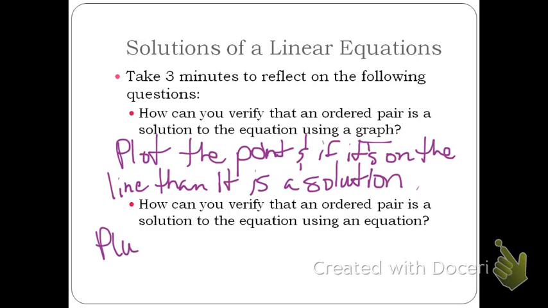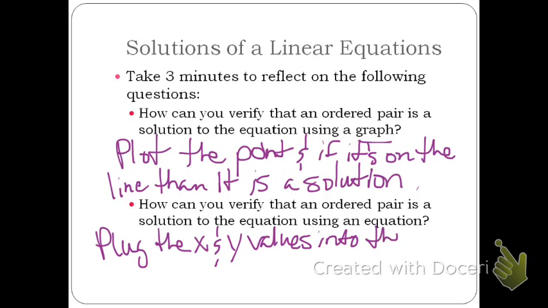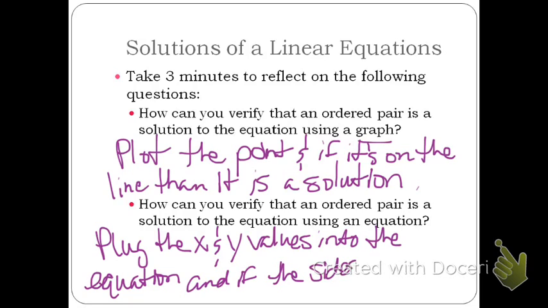Well, then we plug the x and y values into the equation, and if the sides are equal, like the left and right hand side of the equation are equal, then it's a solution.